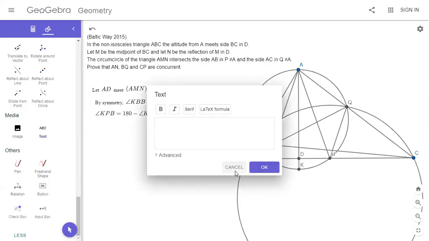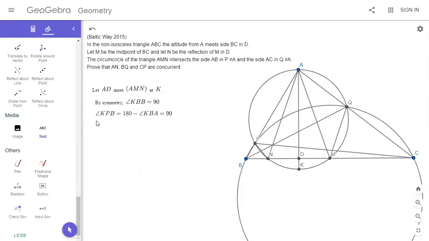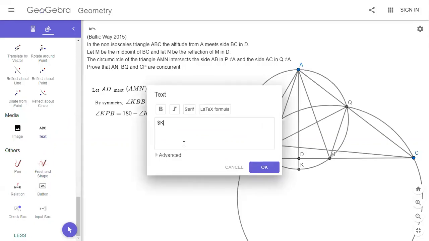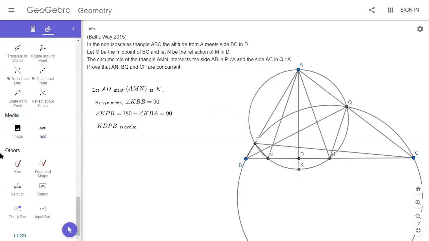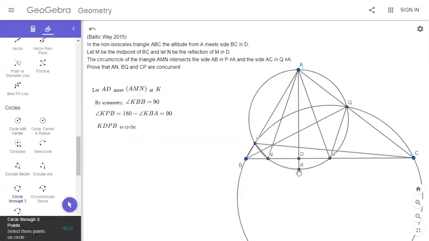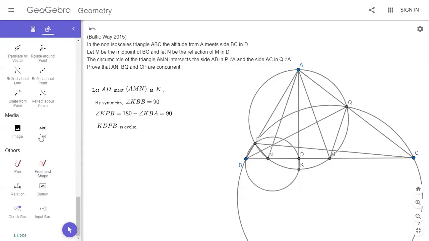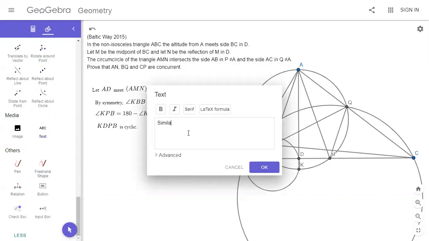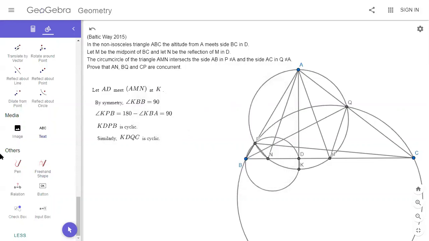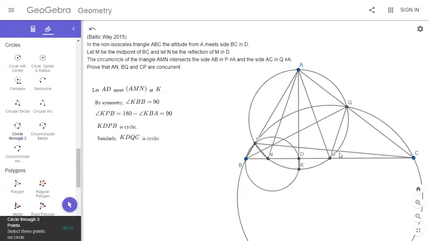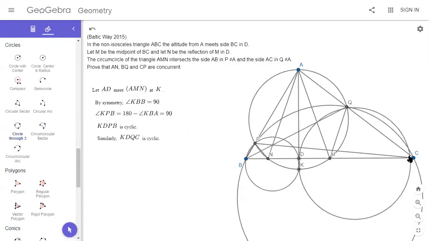And so KDPB is cyclic. So we can draw that. And similarly, KDQC is cyclic. All right. So I will draw that, KDQC.